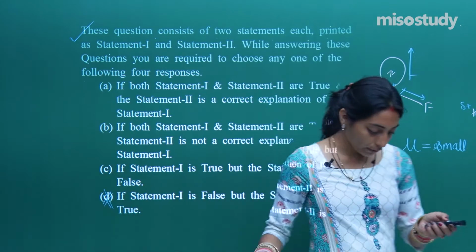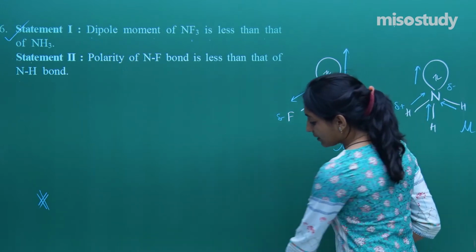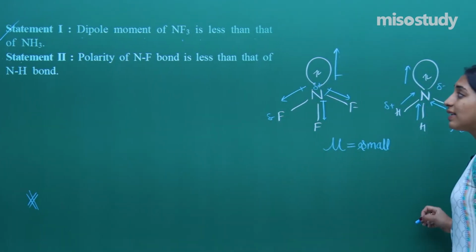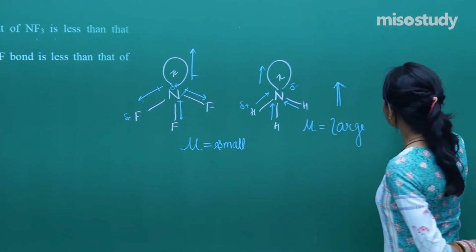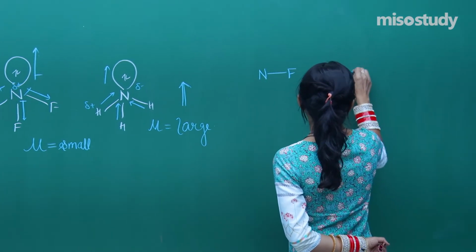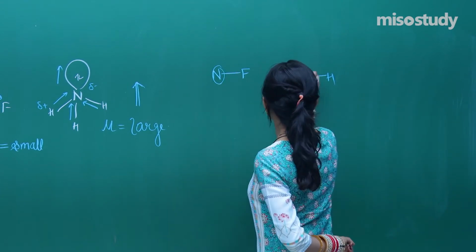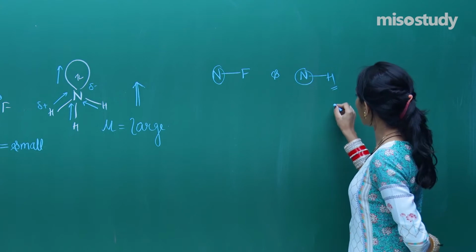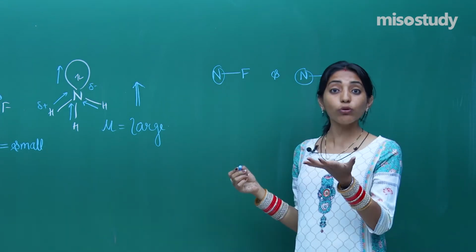Moving further, if I continue, he says statement 2, the polarity of NF bond is less than that of NH bond. So see, when you consider NF and NH, N is the same, right. Now compared to nitrogen, hydrogen is very much delta positive, right. That means there is a huge difference.